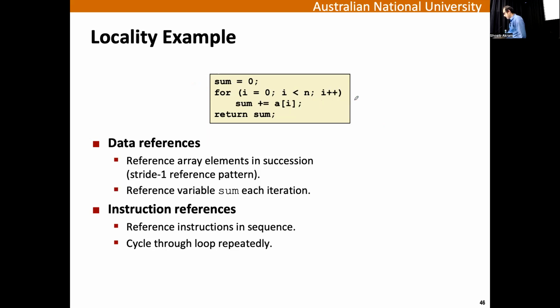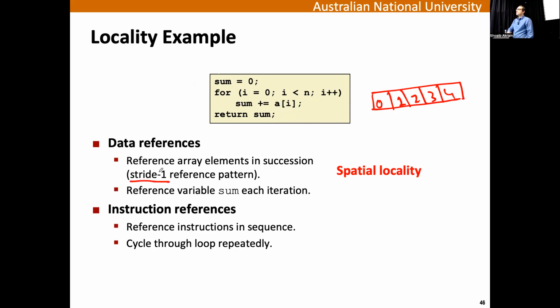Because we are accessing the array elements that are placed next to each other, 0, 1, 2, 3, 4, we call it a stride. Stride is how far you're jumping. We call it a stride 1 reference pattern.